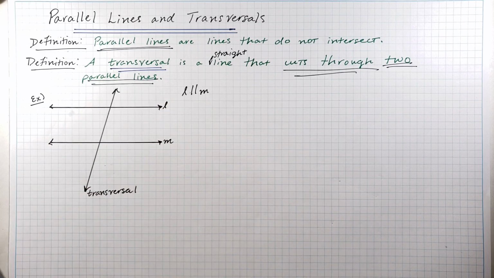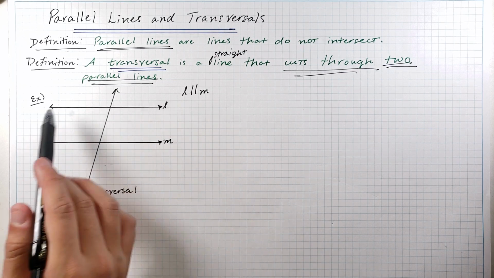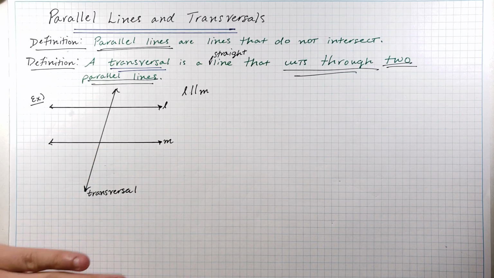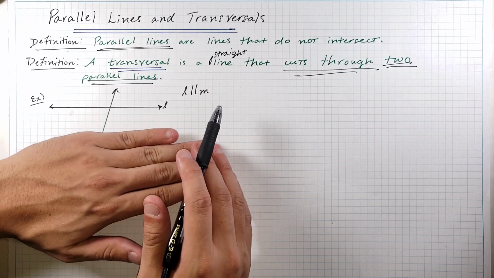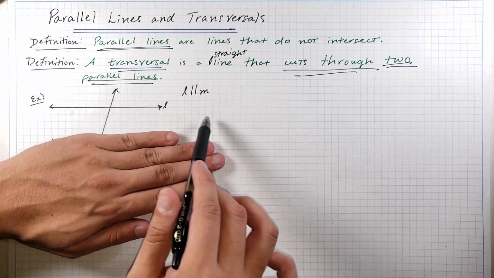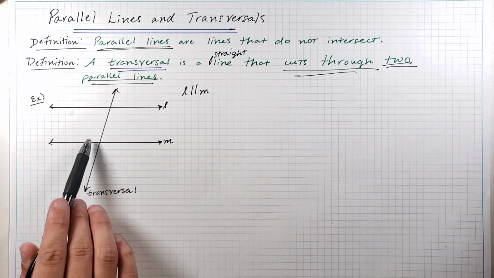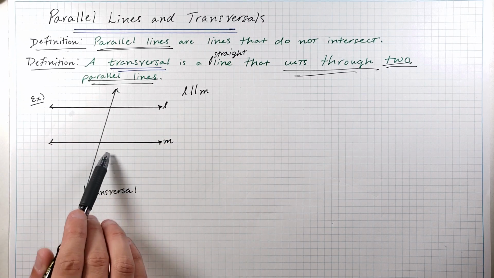All right, and what's special about the transversal is what happened when we cut these parallel lines. If you kind of covered this part up, you can see that you have 4 angles here, 1, 2, 3, 4, and you have another 4 angles here, 1, 2, 3, 4.